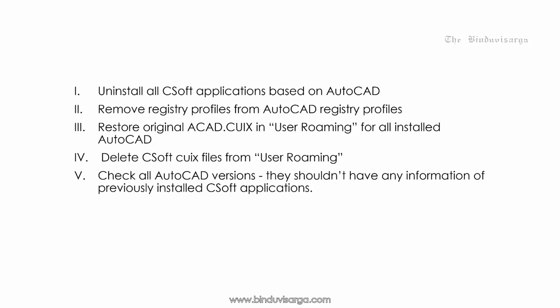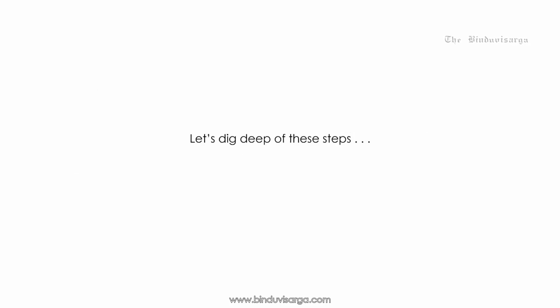Delete CSoft CUIX file from user roaming. Number 5. Check all AutoCAD versions. They shouldn't have any information of previously installed CSoft applications. Let's go deeper into these steps and discuss further.